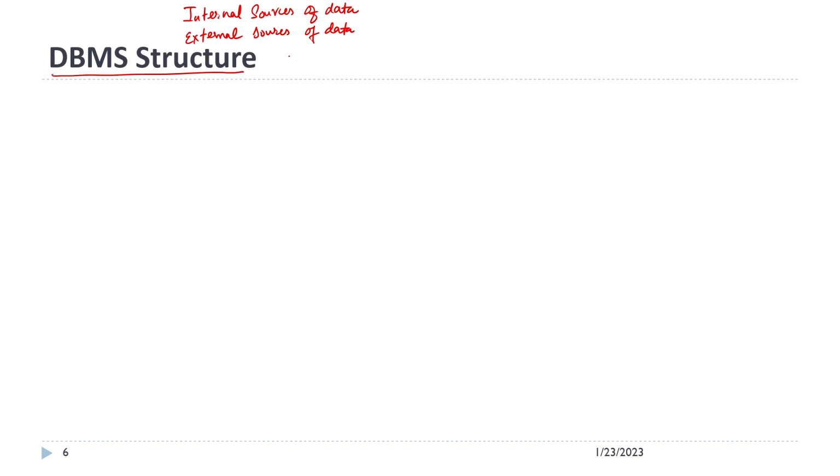So, database structure from a DSS standpoint, we are going to look at it from a DSS viewpoint. So, the first part is the internal data sources. These are internal to the organization, right.